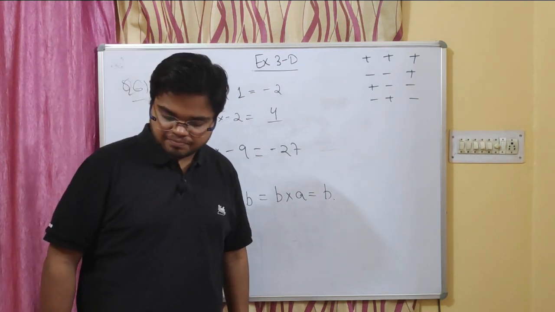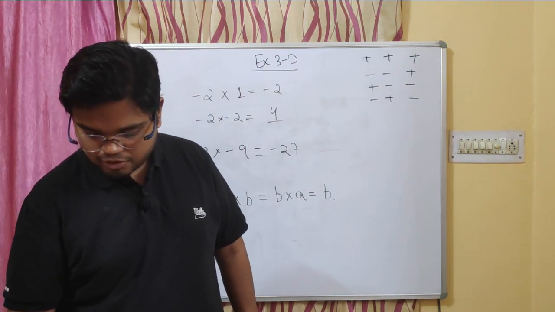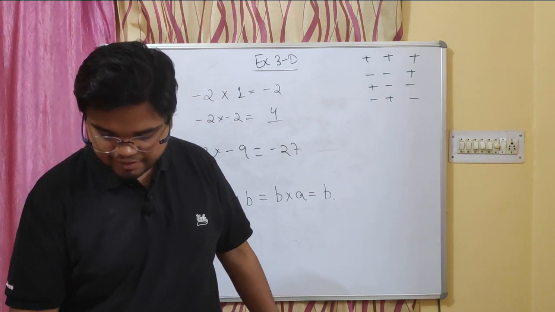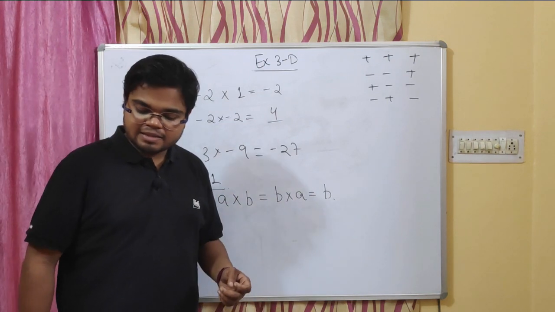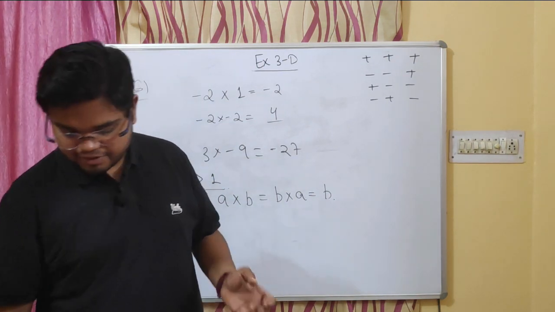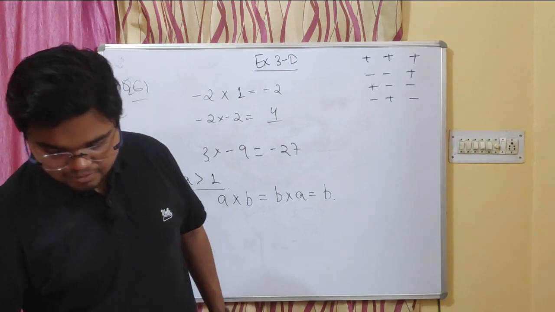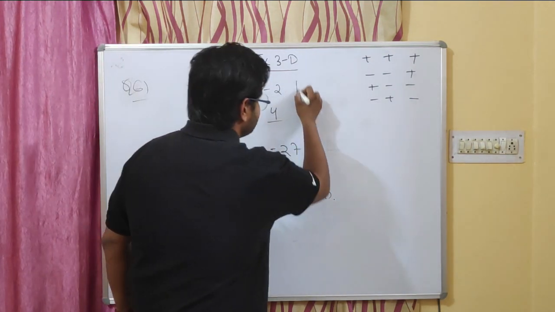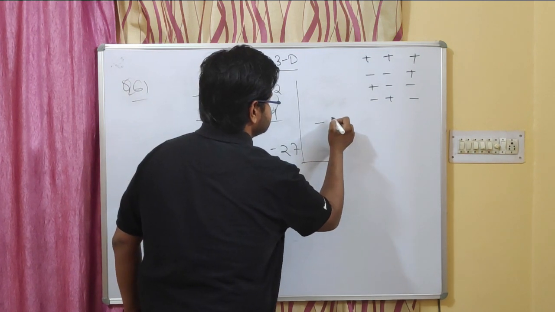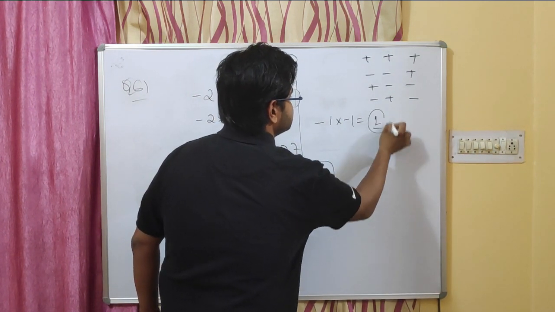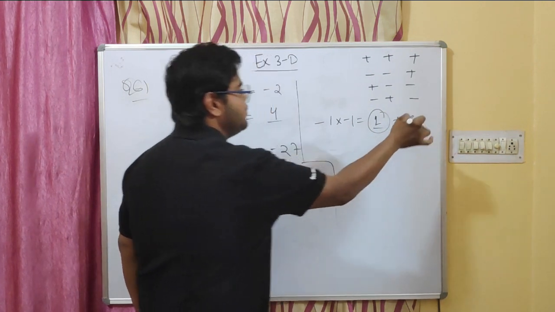Think and answer. Compare the sign of the product of two negative integers with the sign of the sum of two negative integers. The product of two negative integers, minus 1 into minus 1, will be plus 1, so the end result would be positive.